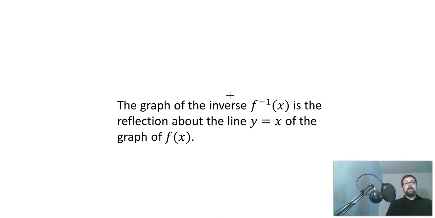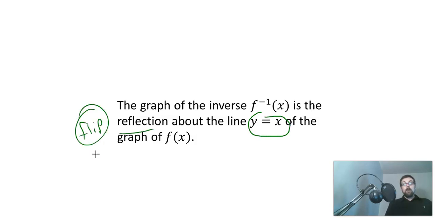So the graph of the inverse function, f inverse, is the reflection about the line y equals x. So remember, reflection means you're flipping the graph over, but you're not flipping it over the x-axis. So again, if we go back to our discussion in section 2.3, we talked about reflections, and this is the only one we did in 2.3, reflecting about the x-axis.